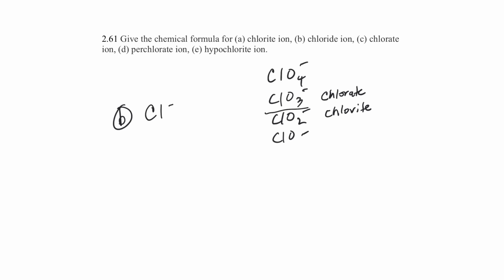So I need an augmenting prefix, and this is called per, plus your base plus ate. Anything higher is still ate, but I need a prefix: perchlorate. Anything lower than ite has to have a prefix, and it's going to be hypo. Hypo, chlor, ite.